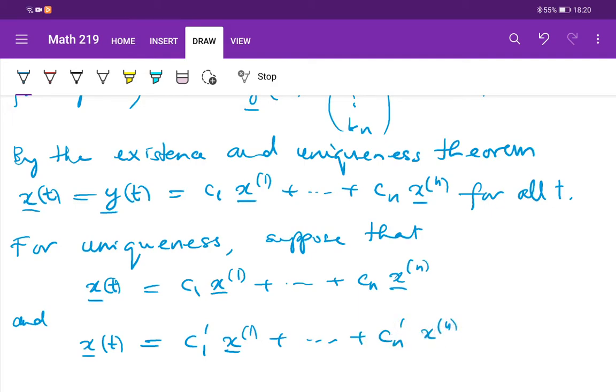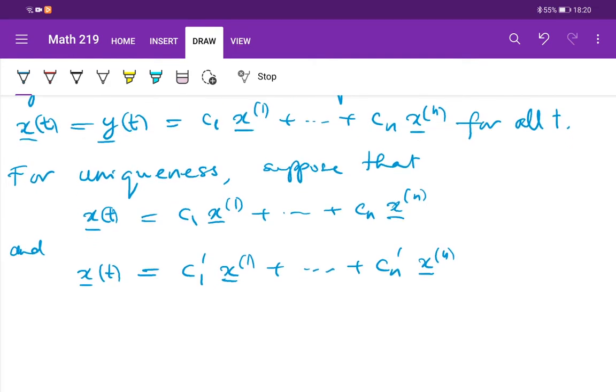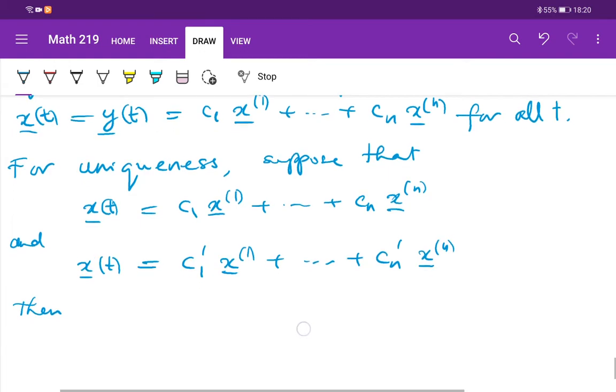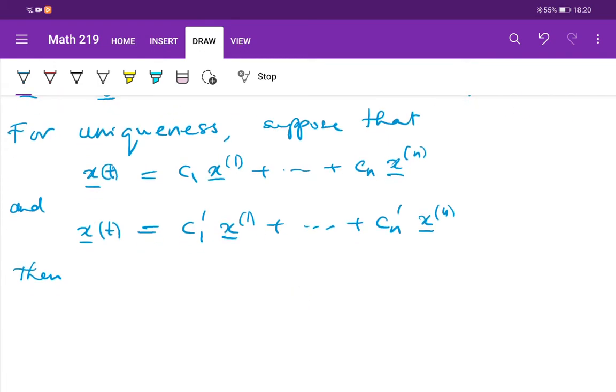Let's suppose it can be written in two different ways. Then if you subtract, you get 0.